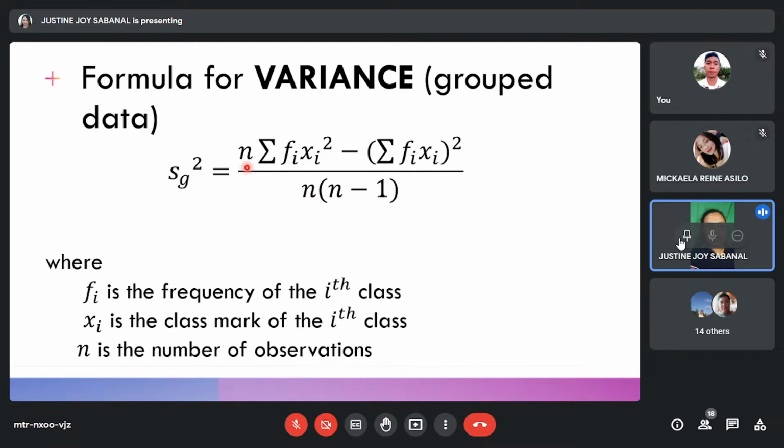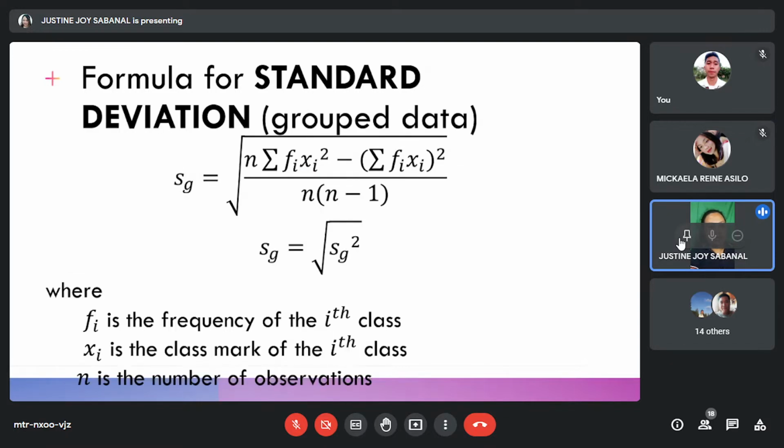So, yung value po ng n ay number of observations, yung value ng fi ay frequency, yung value ng xi po ay class mark. For the standard deviation, that is the square root of n times the sum of fi xi squared minus the quantity sum of fi xi, squared, all over n times n minus 1.